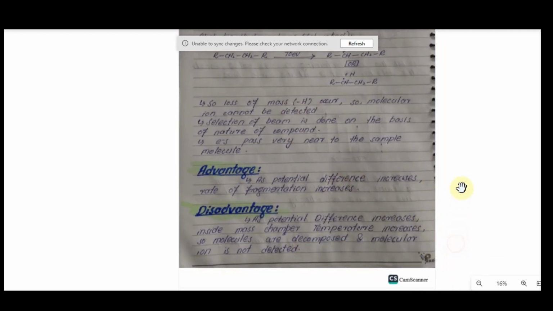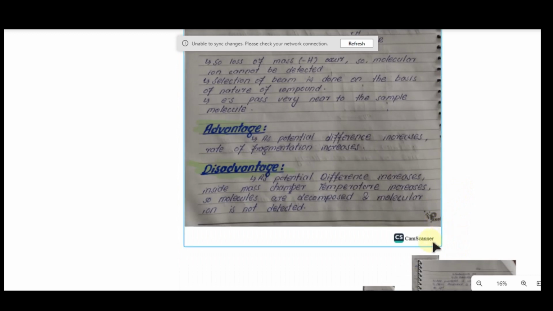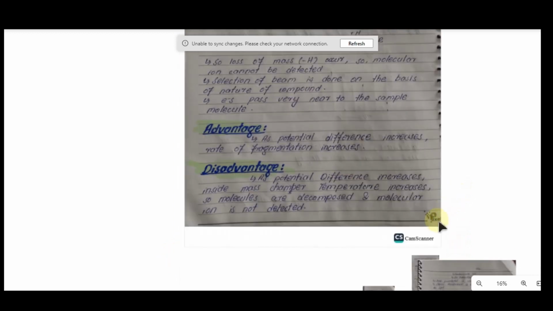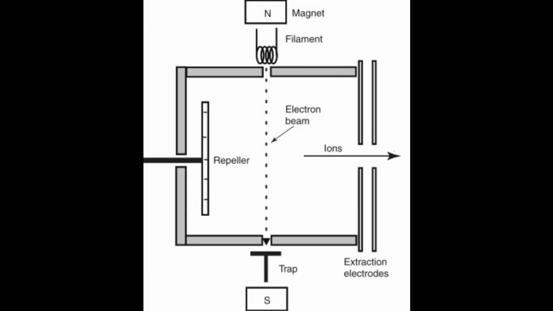So this method is very useful for getting a lot of fragments. The rate of fragmentation is very high and increases as the potential difference increases, but it is not useful for the detection of molecular ion.